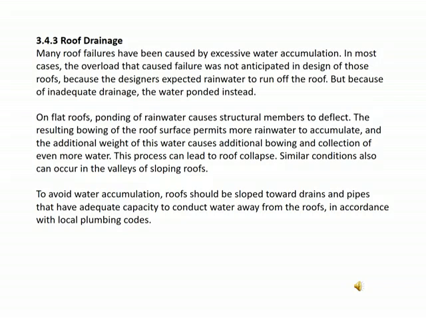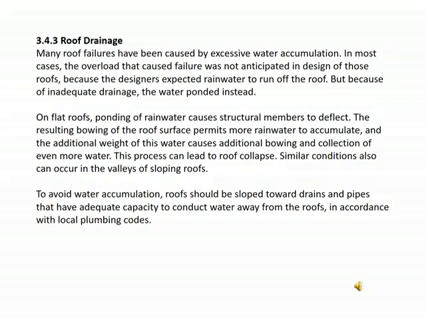Firstly the roof is horizontal, but when rainwater falls, the roof will bend, and the accumulating rainwater bends it further, and finally it can break. This process can cause roof collapse, and similar conditions can also occur in failure of sloping roofs.